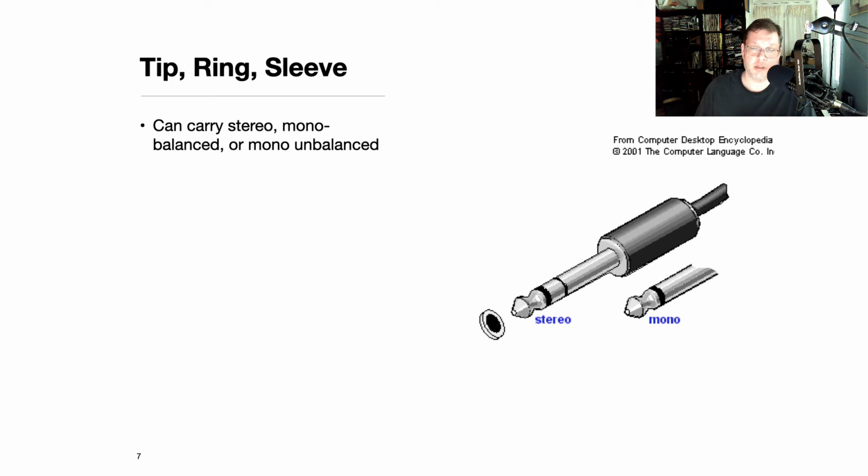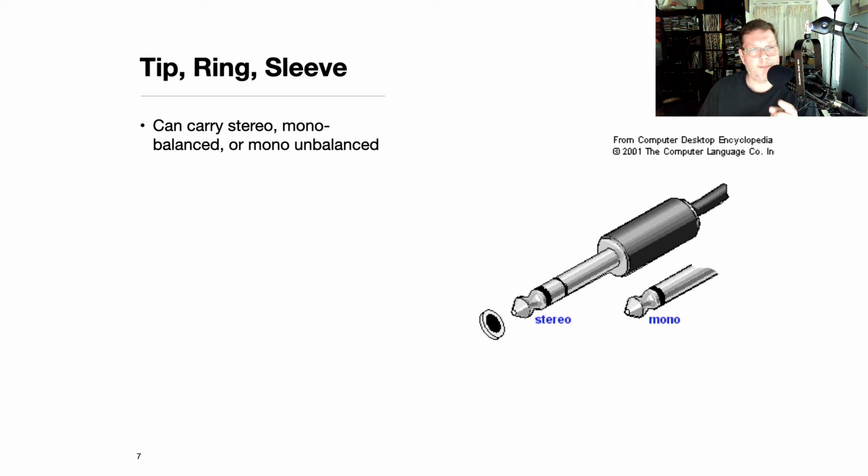The stereo one is called tip ring sleeve. The ring and the sleeve carry different signals, and then the tip as well. So this lets you send a stereo signal, like on your little mini plugs. Your headphones are stereo because you have a tip ring sleeve.